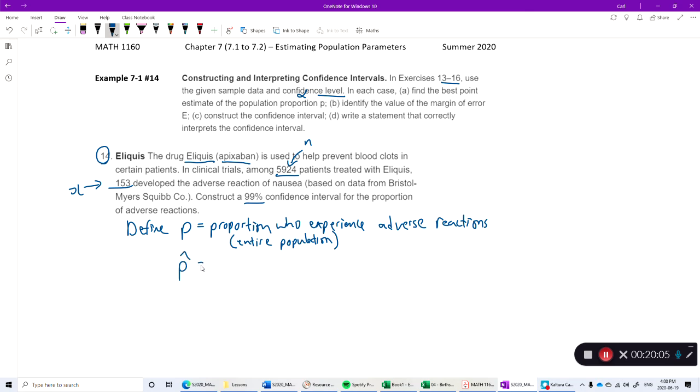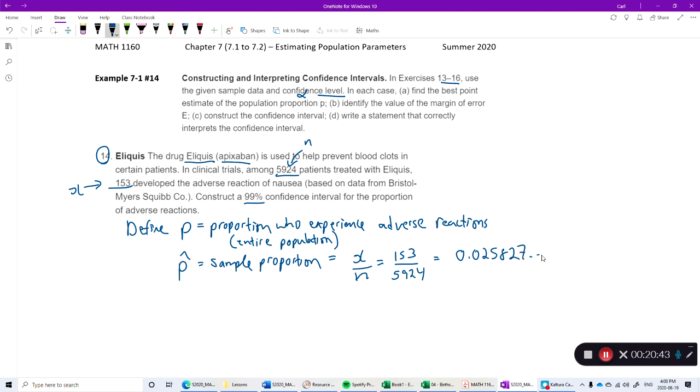p hat is the sample proportion, which in this case is the proportion in the sample who had adverse reactions. Let me specify this is x over n, 153 over 5924, which is 0.02582, 27.